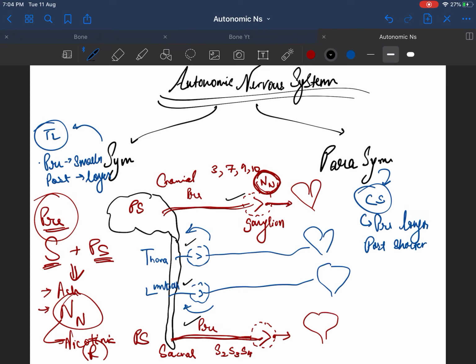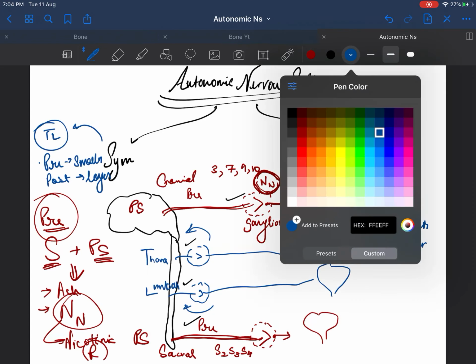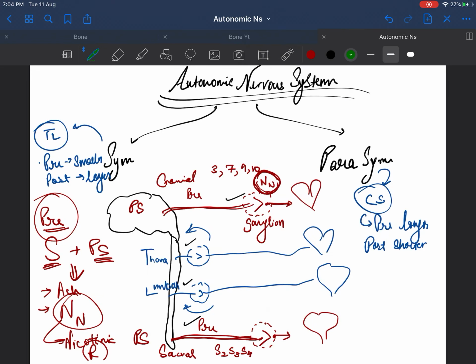The difference comes in what happens at the postganglionic fibers. The postganglionic fibers, in the cholinergic system, in most cases secrete ACH. And in the sympathetic system, in most cases, they secrete noradrenaline. But there are some exceptions here.